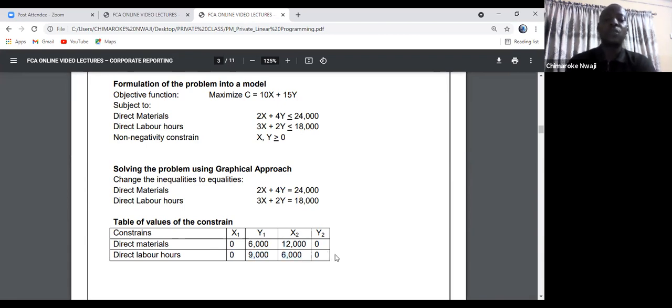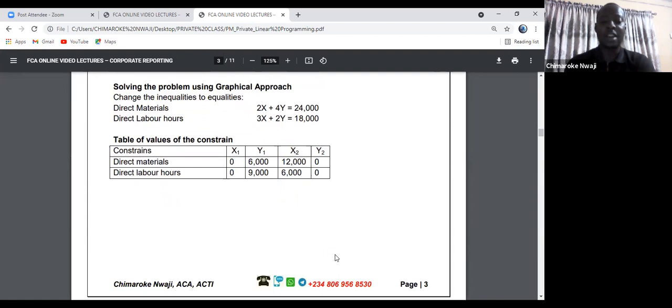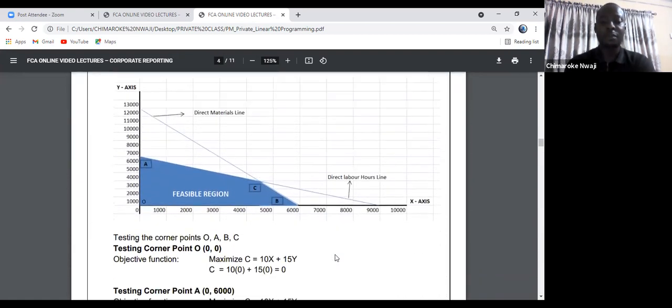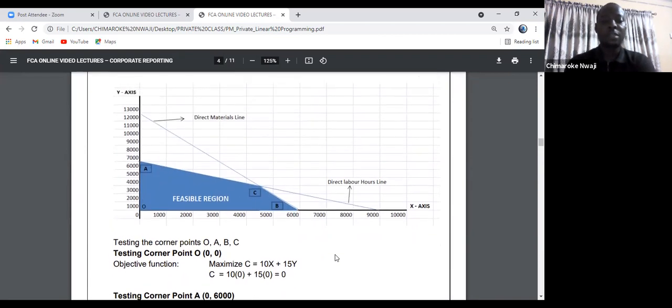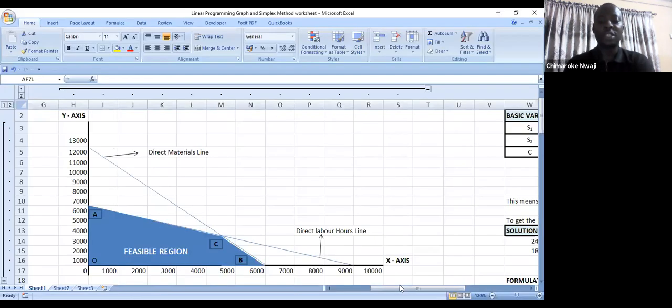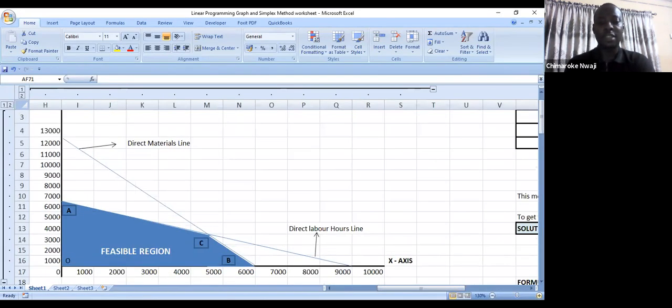So now we are going to be plotting the graph. Look at the beautiful graph we have here. So you have to draw your graph. Let me show you another slide, which is my Excel, so that you appreciate it so much. Let me increase the size again.